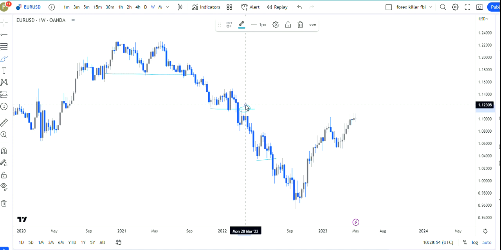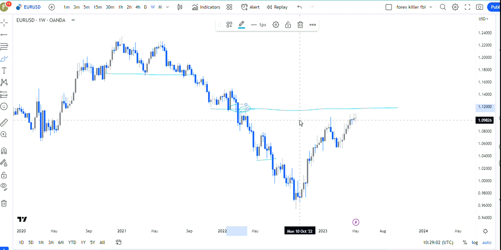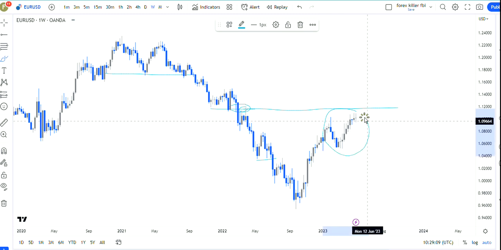Then the market has reached this point here. The market is inside a correction here, and in correction we have ABC correction, ABCDE correction. As we know, we have flat correction, zigzag correction, triangle correction, and any other correction.